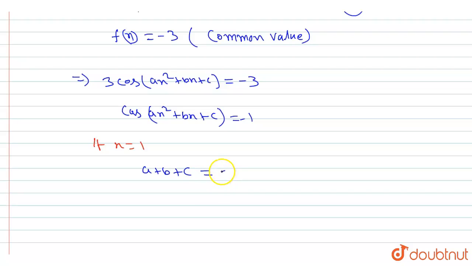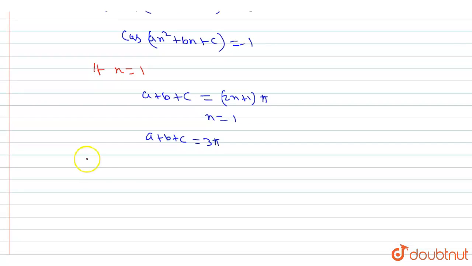Because this is equal to (2n + 1)π. If n equal to 1, a plus b plus c is equal to 3π. If n is equal to −1, then you will get a − b + c, and that is equal to π.